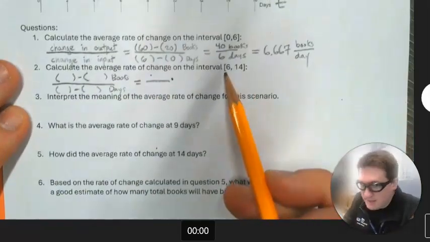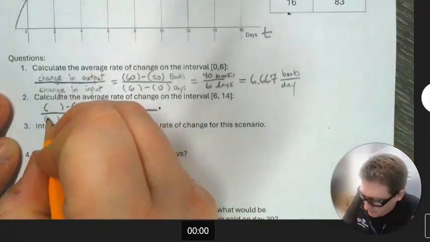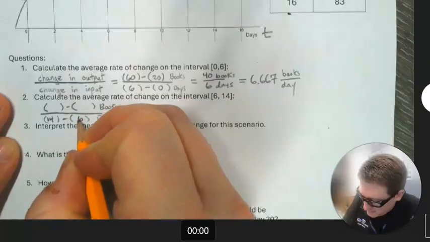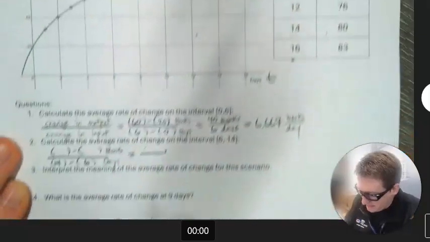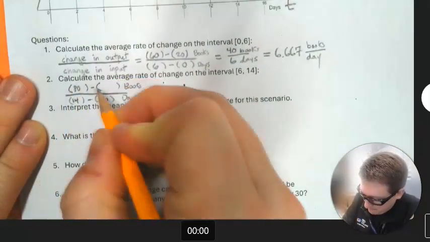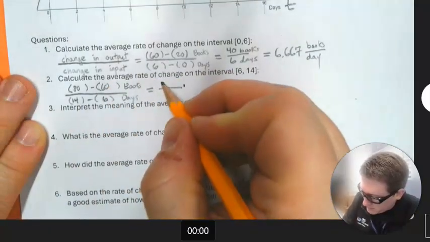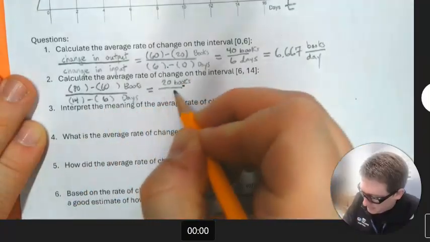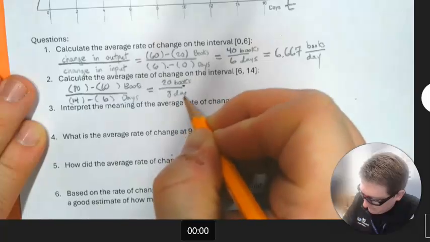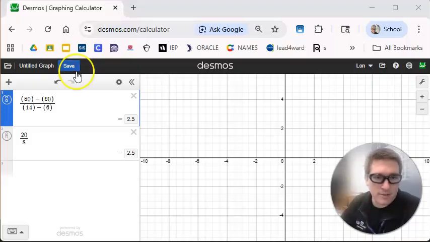All right, days 6 through 14, so to know how many days difference that is, I'm going to do 14 minus 6, and the books are 80 minus 60. I'm going to plug that in. Well, actually, I can do this real quickly. So that's 20 books in 8 days. When I calculate that, 20 over 8, is giving me 2.5.